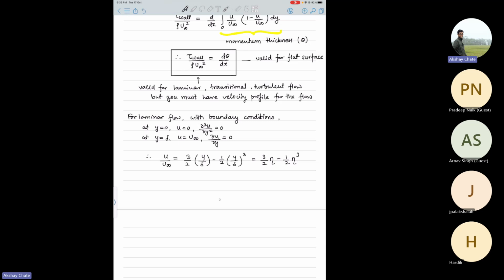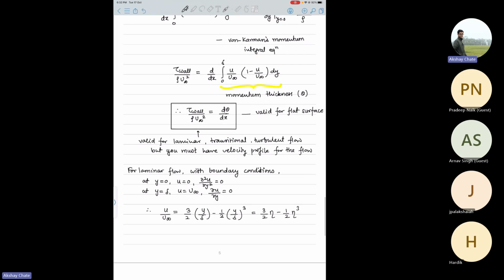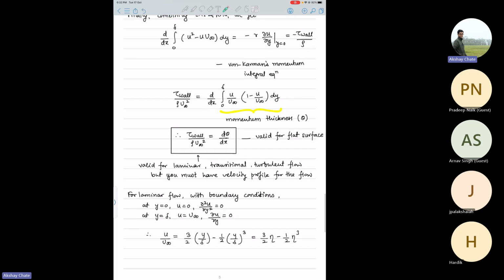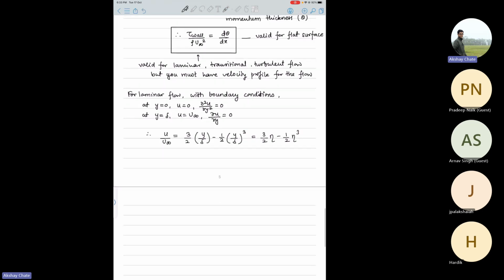So now, if you know such a velocity profile for your flow or your boundary layer or whatever it is, then you can use the von Karman equation, because if you see here, you need to put some velocity profile, then only you can solve it, otherwise you can't. So that is the only necessary condition. And since this is the famous equation for boundary layer velocity profile, we will solve this equation for that, and we'll just see the results.